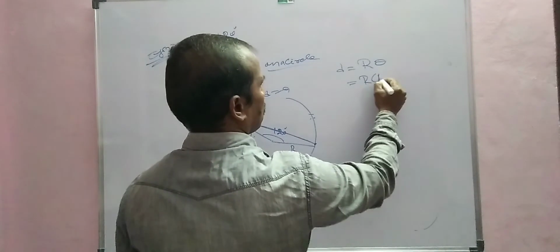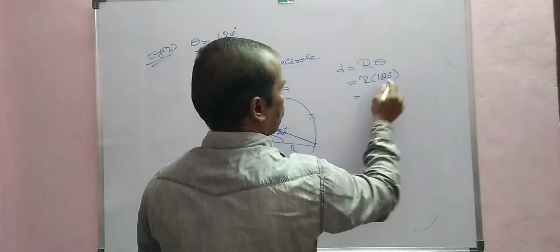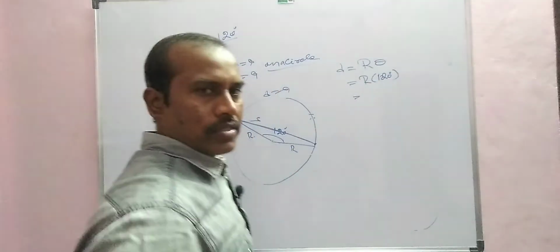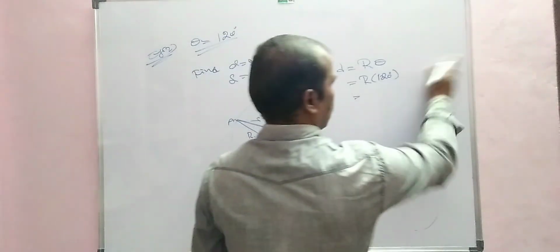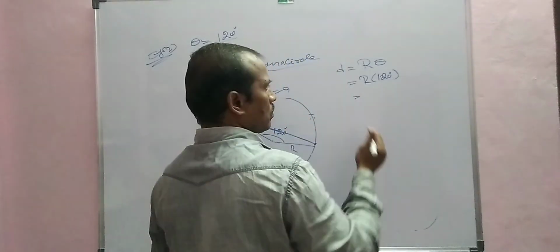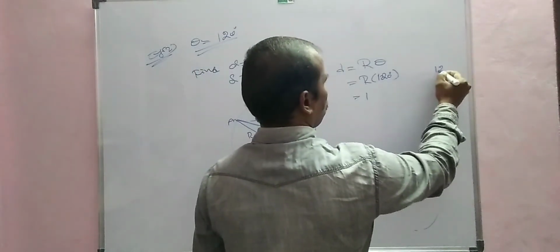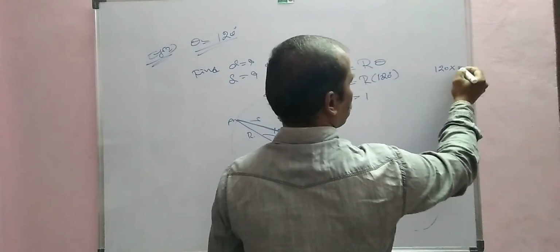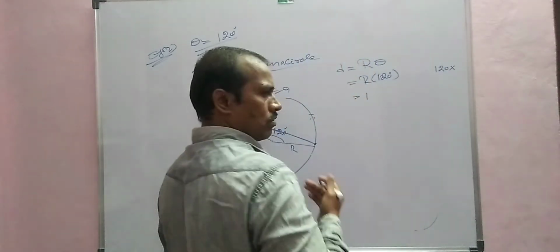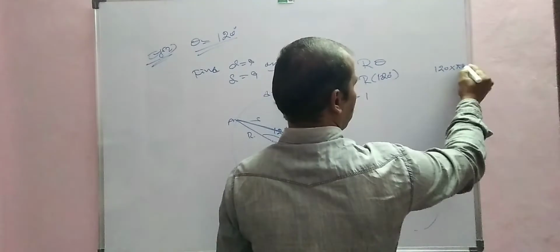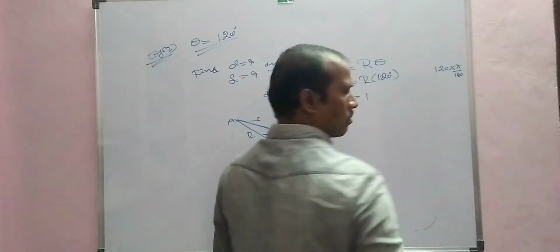We convert this degree into radians by multiplying by pi radians by 180 degrees.